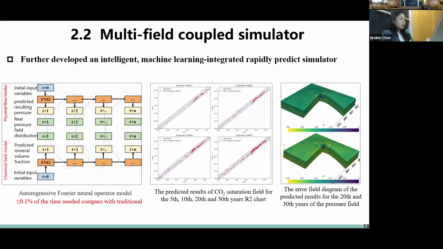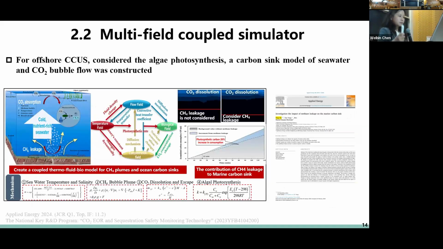To reduce the calculation time, we further developed an intelligent machine learning integrated rapid prediction simulator. Now the calculation time is about 0.1% of the traditional one. Another work is about offshore CCUS.